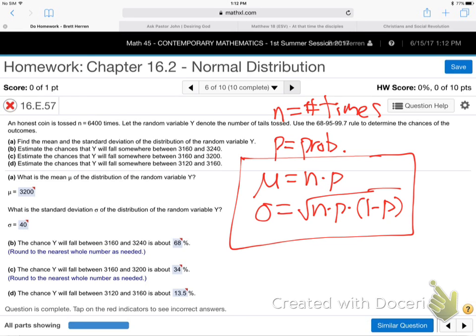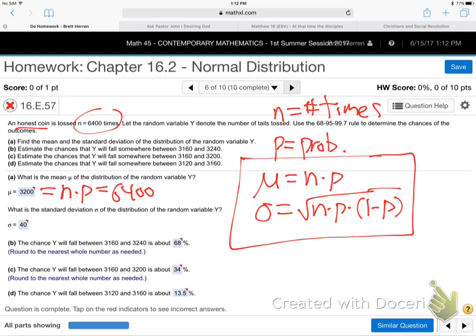So that's how I'm doing the mu over here. I'm doing N times P. And what is N? 6,400. And what is P? It's just a coin. It's an honest coin. What that means is it's not weighted. Sometimes they can make dice or coins weighted. Have you heard about that? That's how they cheat, right?